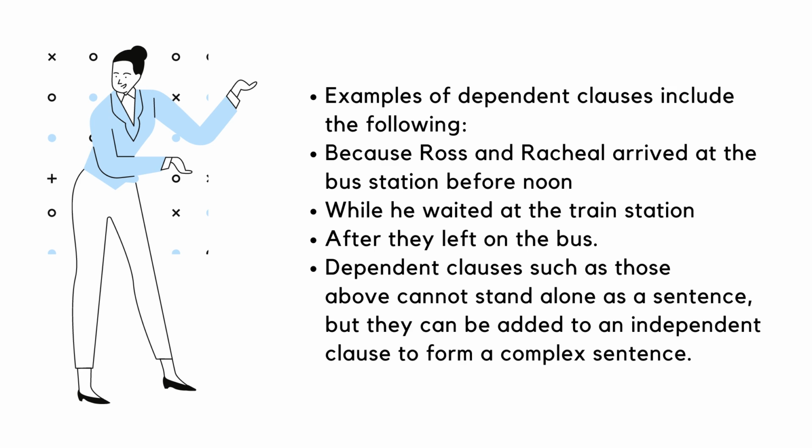As you can see, dependent clauses such as those above cannot stand alone as a sentence, but they can be added to an independent clause to form a complex sentence. While the independent clauses can go first in the sentence, followed by the dependent clause. The subordinate conjunctions are used to introduce the dependent clause in the sentence.